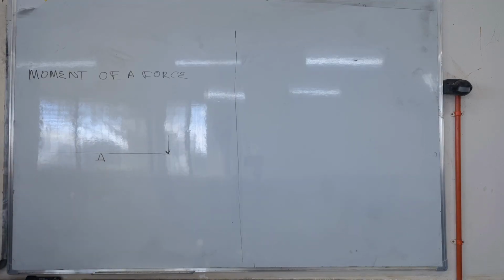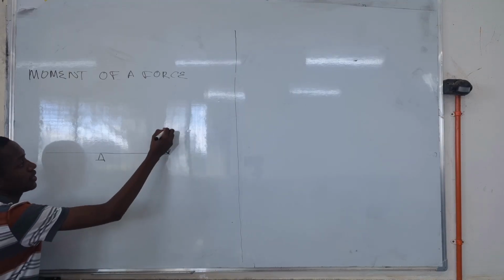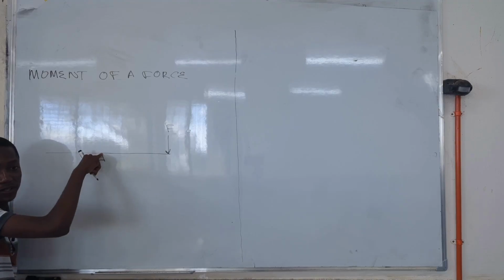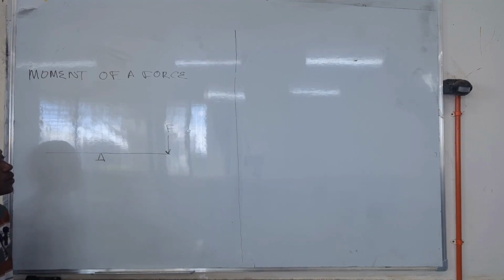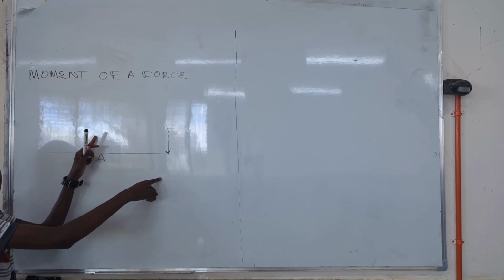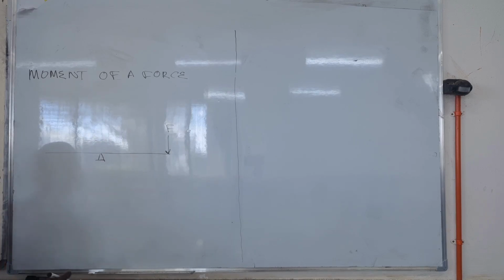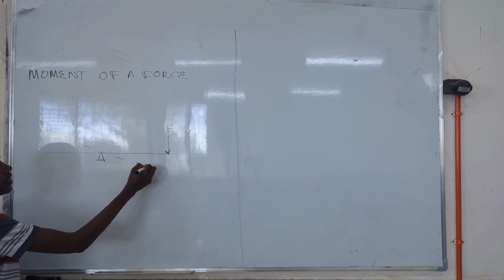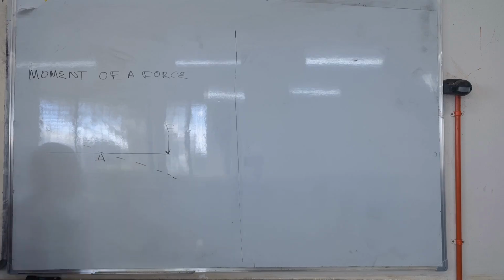So we are defining moment as the turning effect that is going to be produced by this force on this pivot, okay? So when this force is applied here, it's going to turn like this. This turning effect that is being produced is what we're calling moment, right?